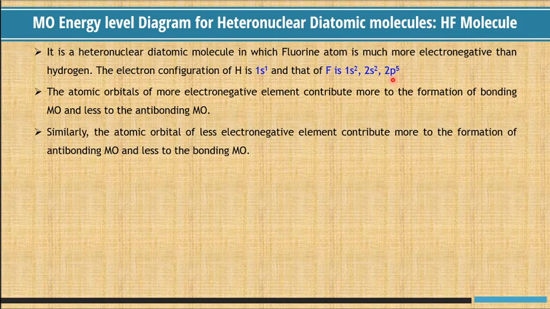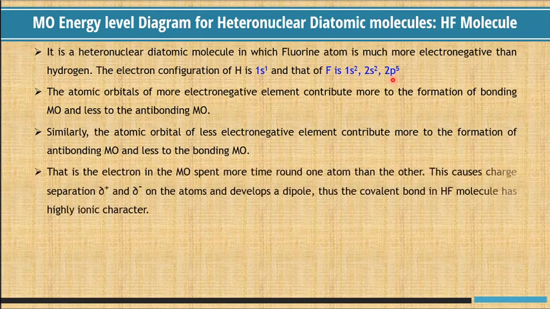Similarly, the atomic orbital of the less electronegative element contributes more to the formation of the antibonding molecular orbital and less to the bonding molecular orbital. That is, electrons in the molecular orbital spend more time around one atom than the other.